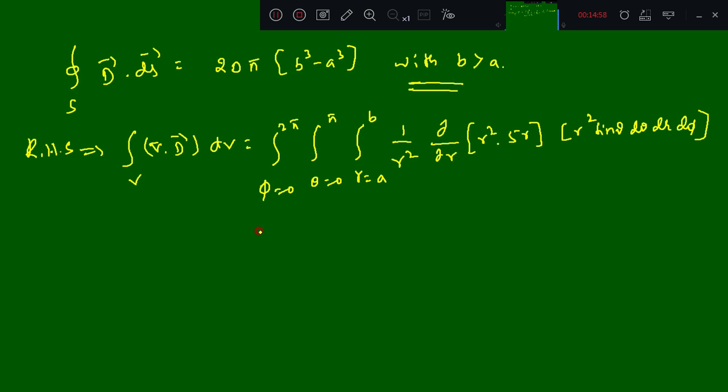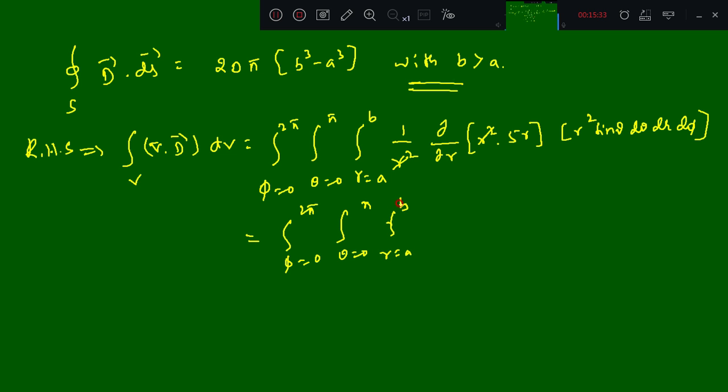Okay, so here this r square gets cancelled. So phi is 0 to 2 pi, theta is 0 to pi, r is a to b.